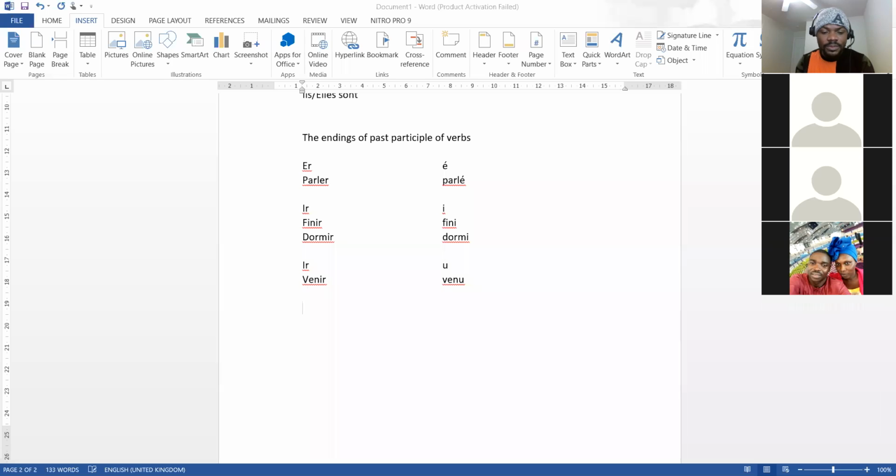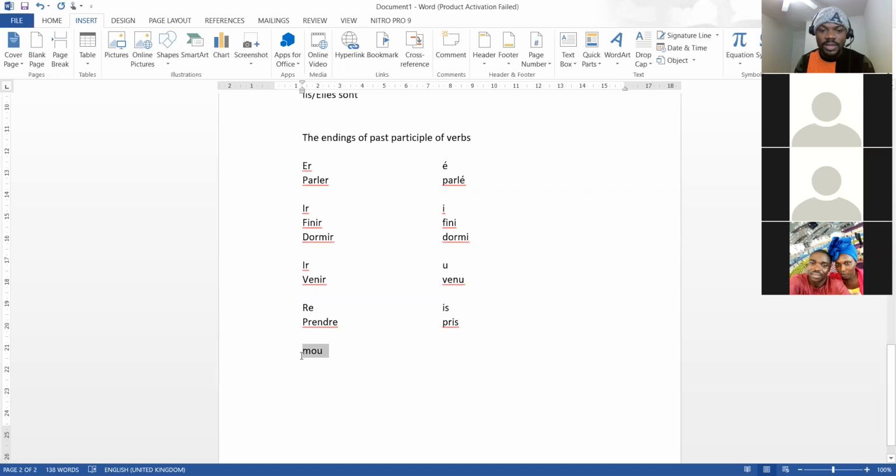Now we have verbs that end with re, and their past participle is like is. Verbs like prendre, they end with re, prendre, and the past participle is pris. And then we have some special cases like the verb mourir.